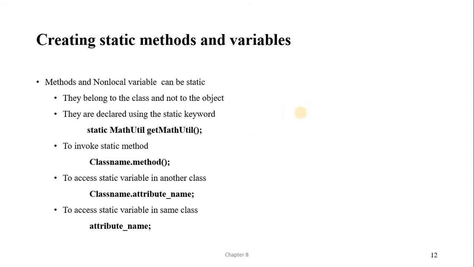Let's see how we are going to create a static method with the variable, and how we call it using the class name. For example, mathUtil is a class name and getMathUtil is a method. To call it, we use our class name mathUtil dot our method name.